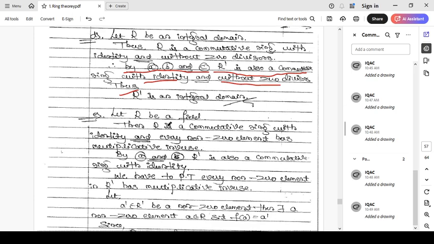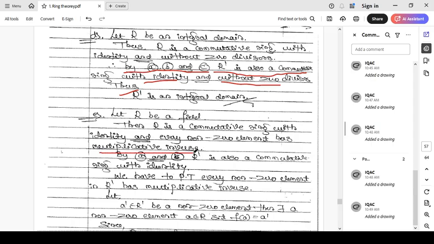Okay. So let R be a field. We need to show that if R is a field, then R dash is also a field. According to the definition of a field, R must be a commutative ring with identity, and every non-zero element should have its multiplicative inverse.